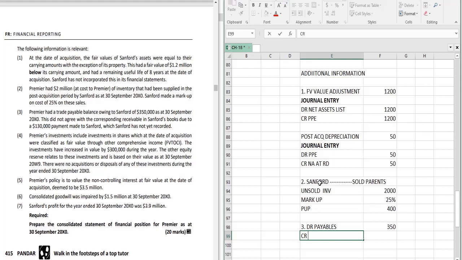It means we will debit cash in transit, so I will write it in shortcut CIT, which means cash in transit. The amount is 130, and we will credit receivable to cancel it out. So the amount will be the total of these two.